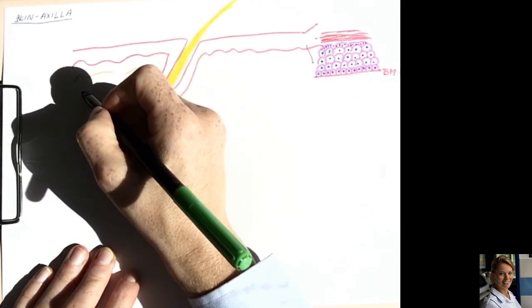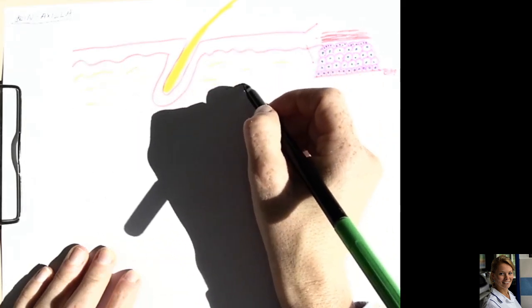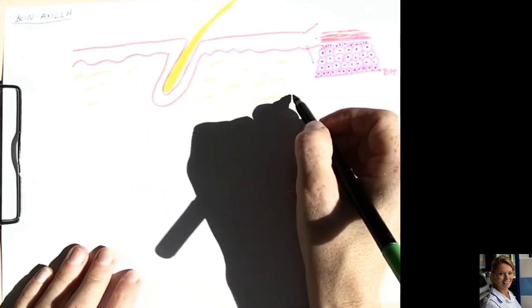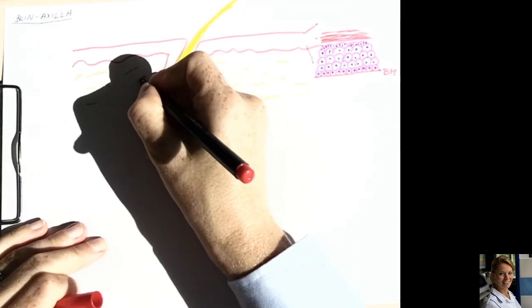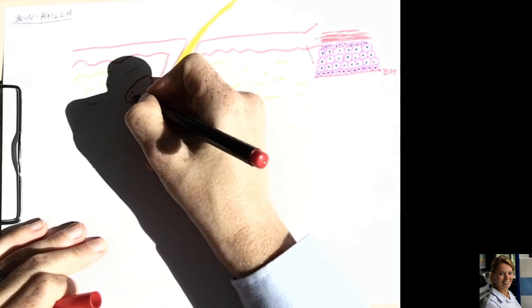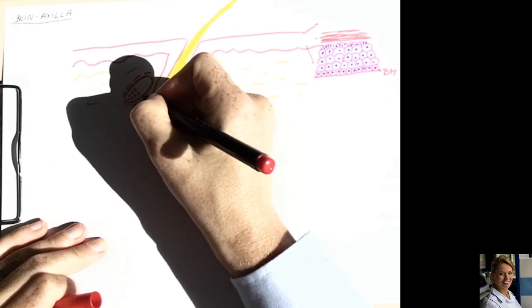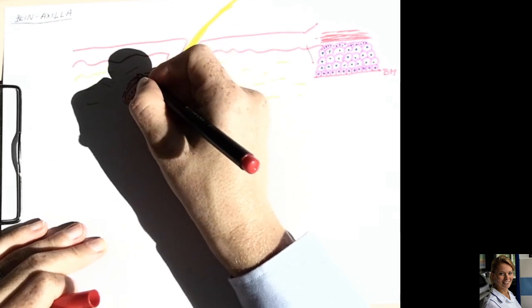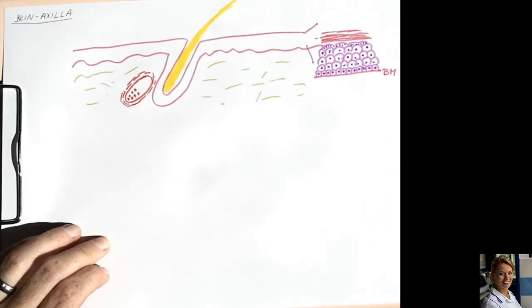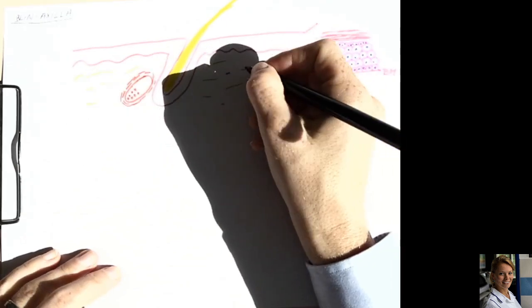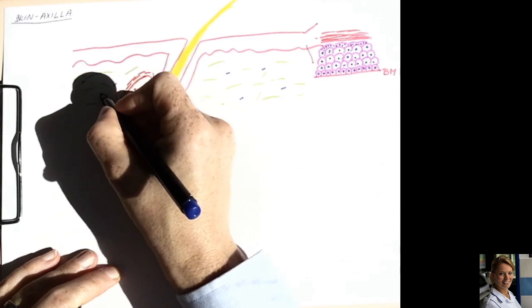The first layer is the papillary dermis, made of vascular loose connective tissue, with a blood vessel with erythrocytes and smooth muscle cells in the wall of the blood vessel, and also visible are the nuclei of connective tissue cells, fibroblasts and fibrocytes.